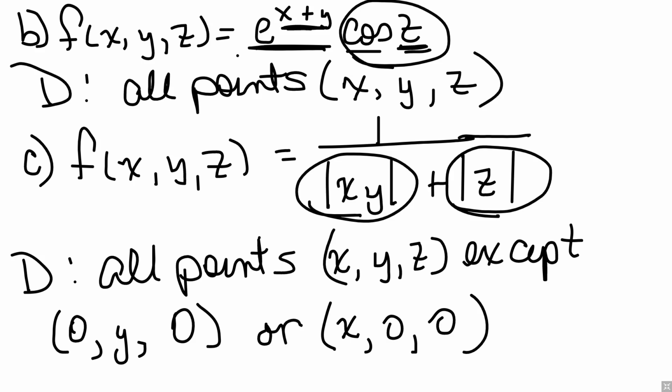And if the points are in this format, that will make this whole denominator 0. So we can't simply say that x, y, and z are 0 because that identifies only one point. But there are more than just one point. There are an infinite number of sets of points, but they've got to be written a certain way.